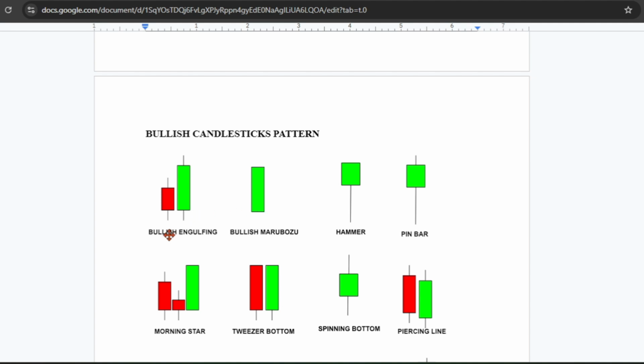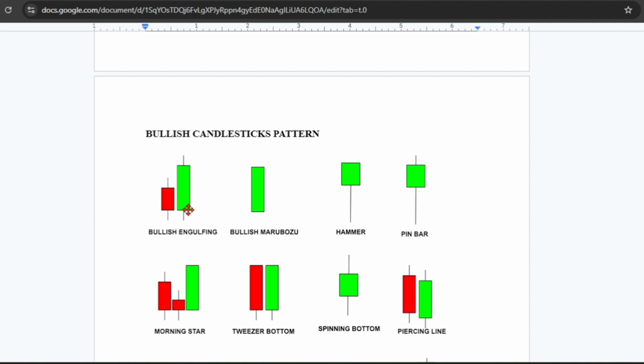So the first one here, we have the bullish engulfing candle. We call this candlestick bullish engulf. The bullish candlesticks on this representation are in green color. Bullish engulfing means that the bullish candlestick is bigger in size than the previous candlestick.